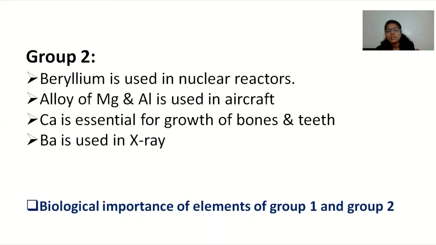Now, the biological importance of elements of group 1 and group 2. See here, in group 1, sodium ion is present as the largest supply in all extracellular fluids. These fluids provide a medium for transporting nutrients to the cell.